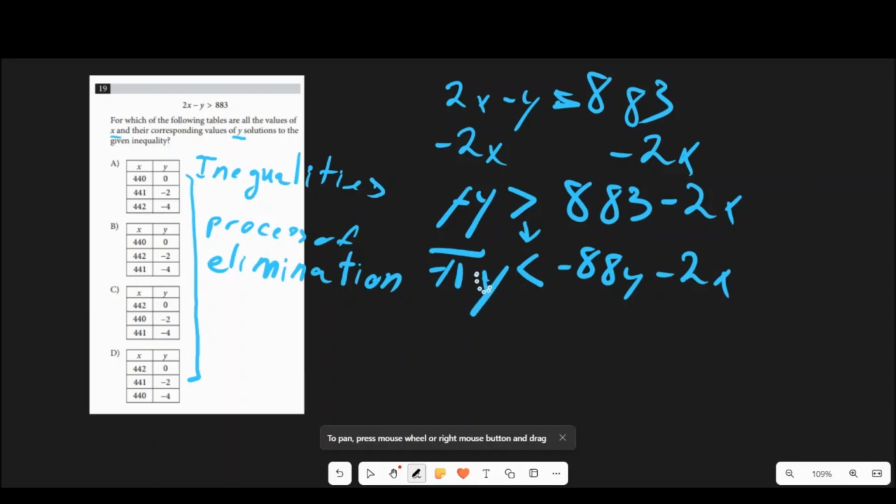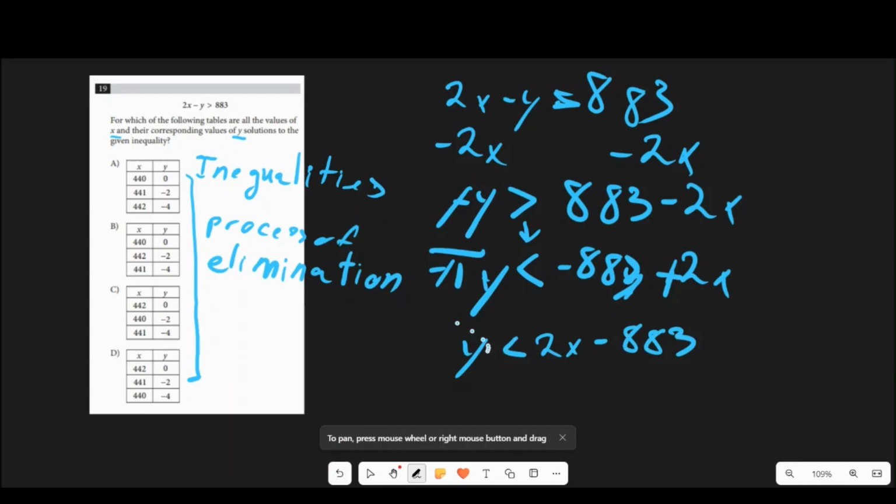So y became just positive y, and everything flipped, including the 2x. Let me just write that nicely down here. Y is less than 2x minus 883. Yeah, that's supposed to be a 3. Okay, so y is less than 2x minus 883.